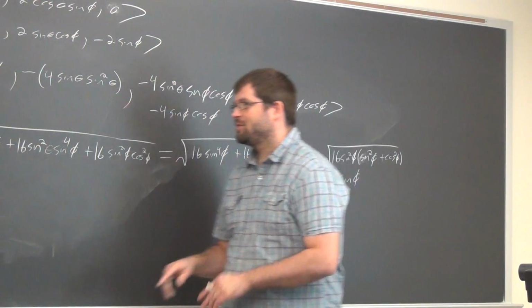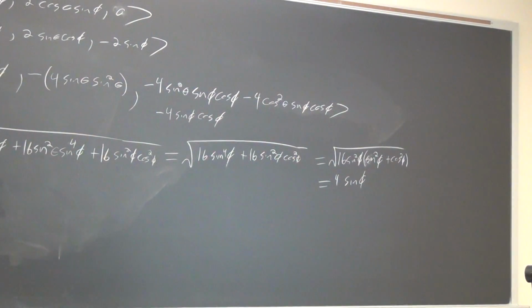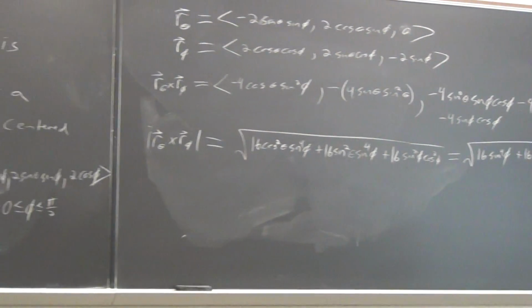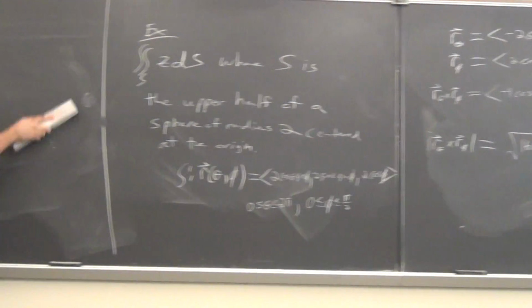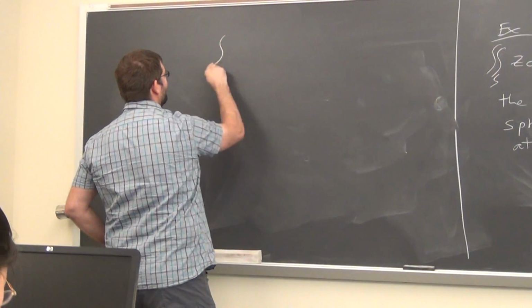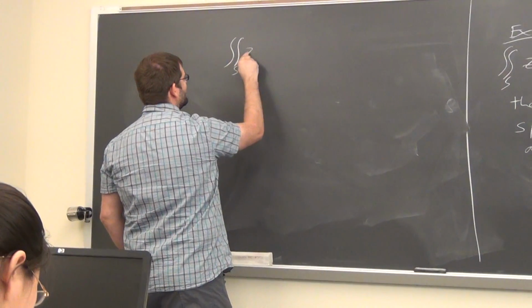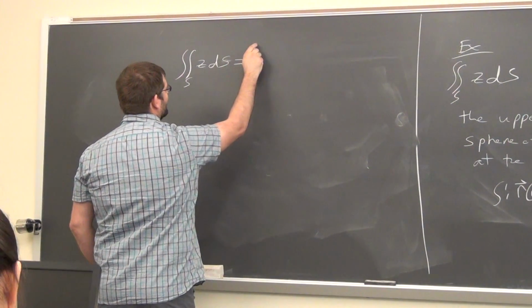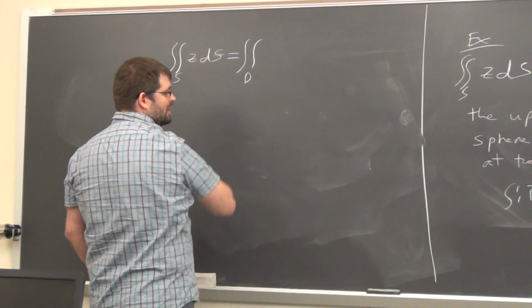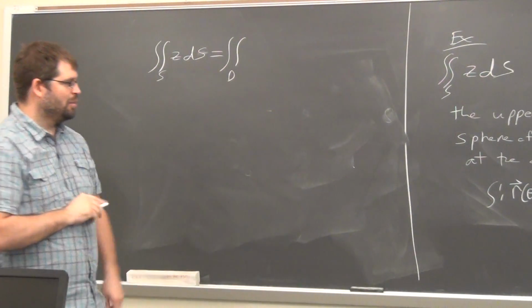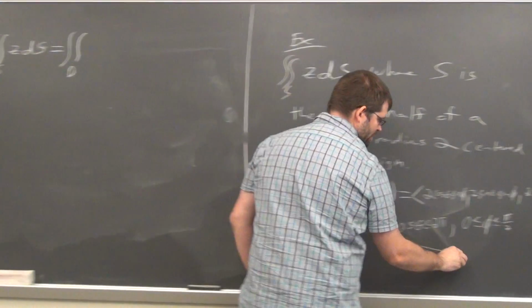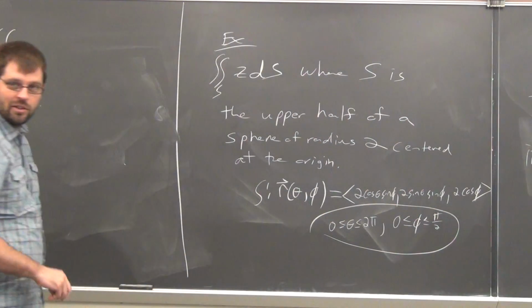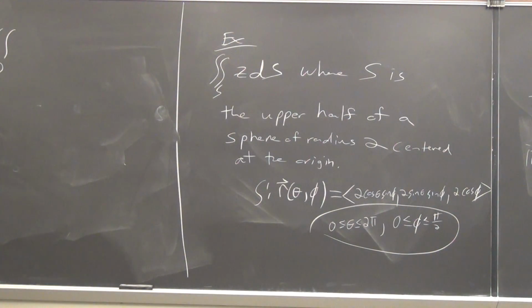Come up with this. So now I'm back over here. So the integral we are interested in is this one, and let me just rewrite it. So the integral over S of F dS becomes what? The integral now over D, I'll come back to D, is just the bounds, right? The simple set of bounds there. So this will be easy to integrate once we get it set up.